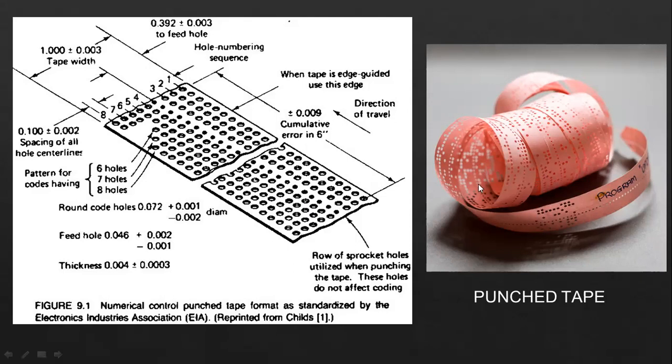So you had to store this, and also if there are modifications in the part geometry, you cannot use this tape anymore. You have to go for a different tape again. Storage was a problem, even modification was a problem, right? And also the time taken to read that, right? It's a physical thing. So this is what is a punch tape that I was talking about. Okay.